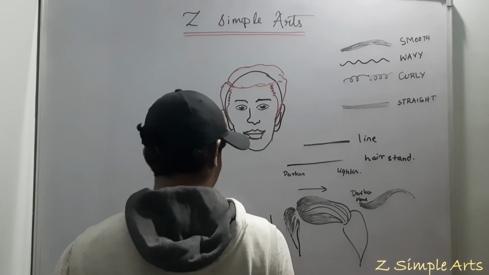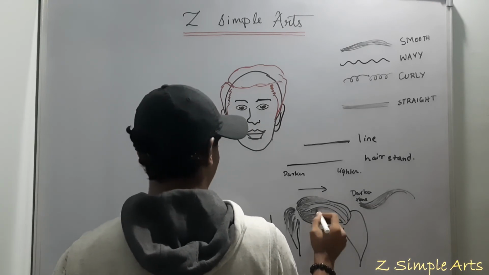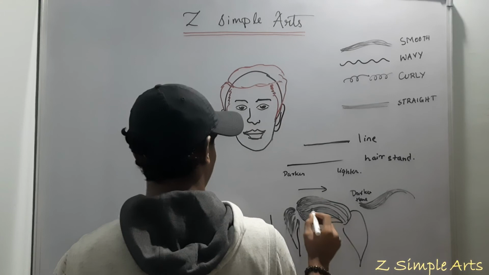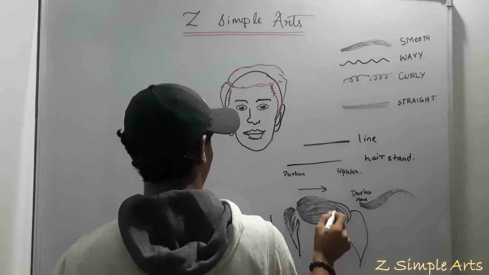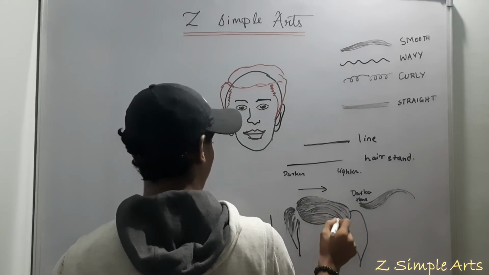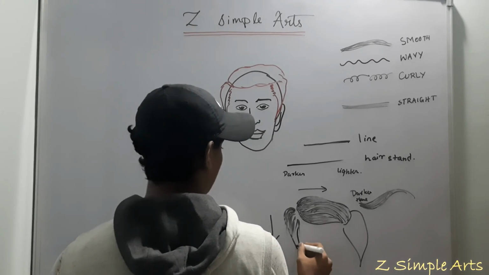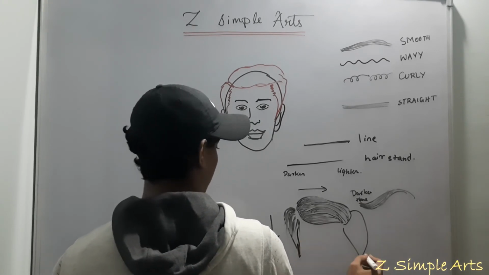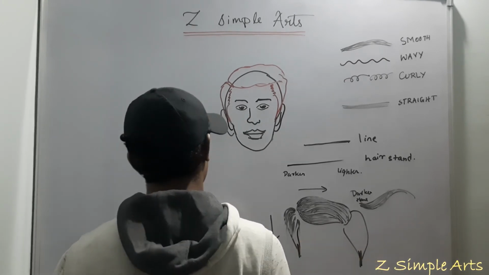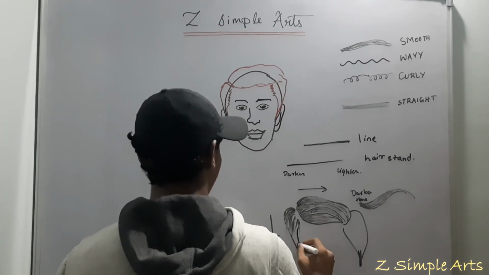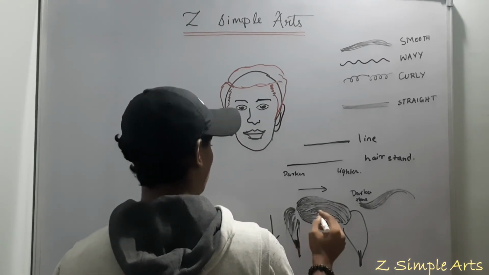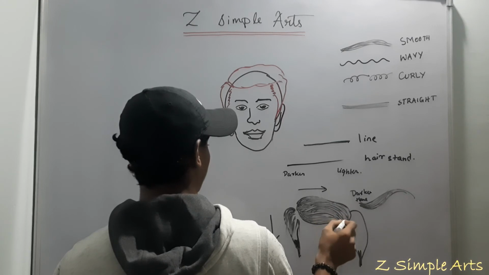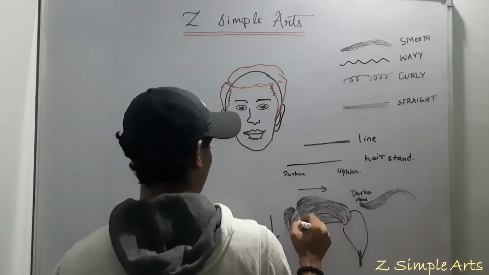And moving to the next part, once you fill in this part, there is another thing, the side locks. Side locks should always be filled with black color. They should not have any gaps like the way we have here or here.